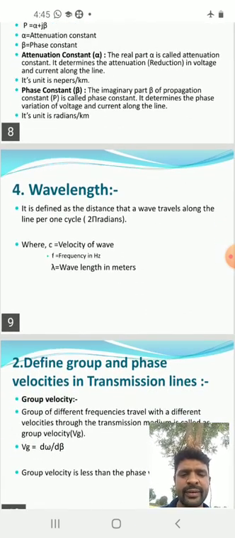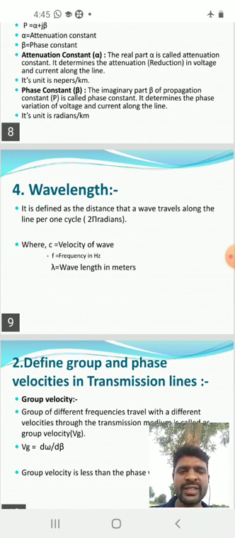And next one, fourth, wavelength. It is defined as the distance that the wave travels along the line for one cycle. That means any wave travels a distance along the line for one cycle or 2π radians.